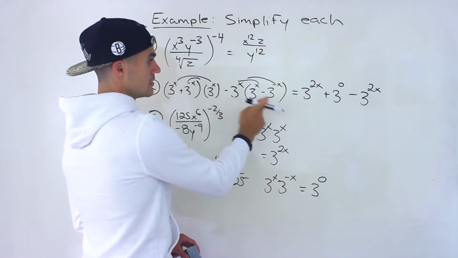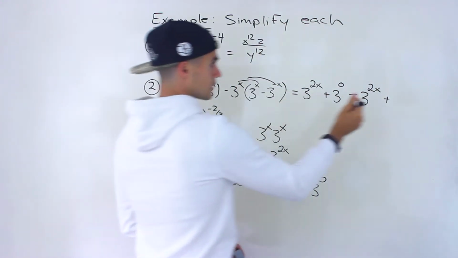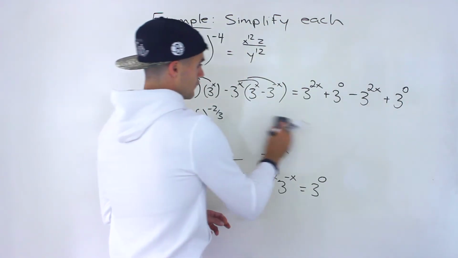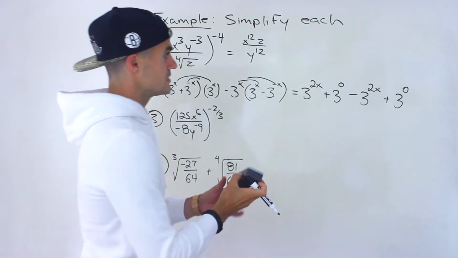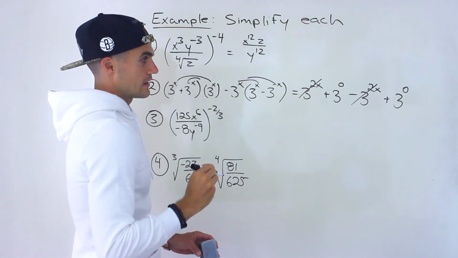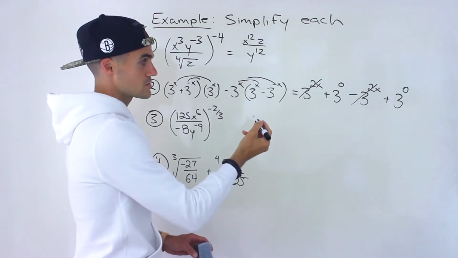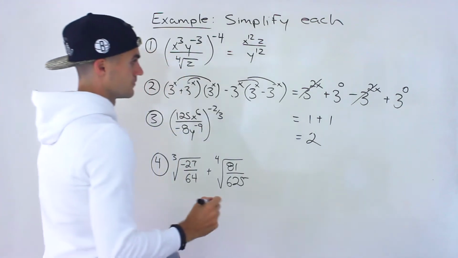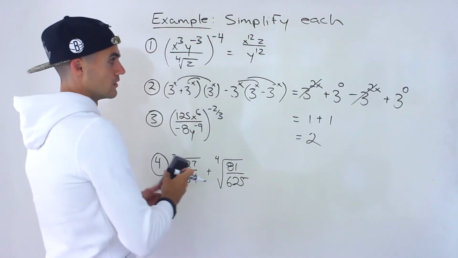And then this times that, the negatives turn into a positive, and then x plus negative x would give us 0 again. And then from here, these two cancel out, right? They net out to 0, and then we'll end up with 3 to the power 0 plus 3 to the power 0, which is like 1 plus 1, which is 2. So 2 is the answer to number 2.